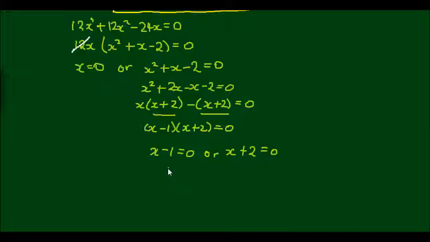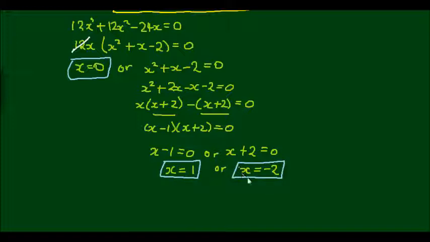So we're going to get the roots of x is equal to 1 or x is equal to minus 2. So our three x coordinates of our critical points are, let me just circle that in blue, x equals 0, x equals 1, and x is equal to negative 2.